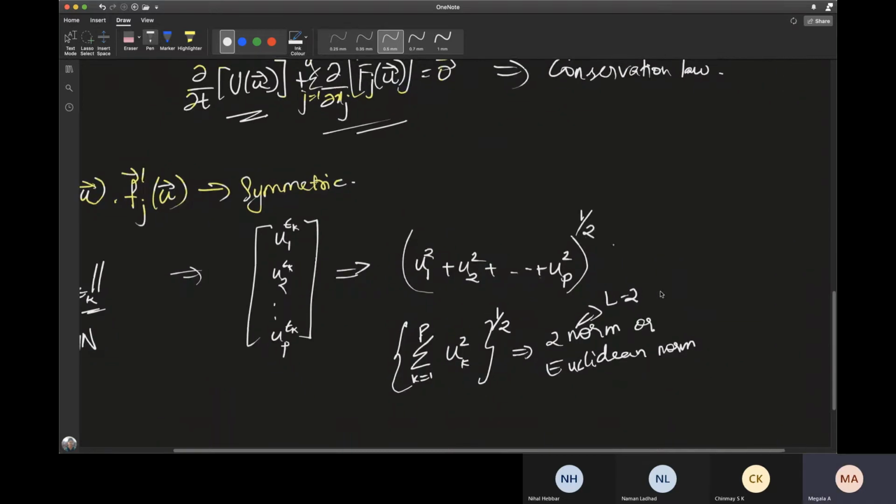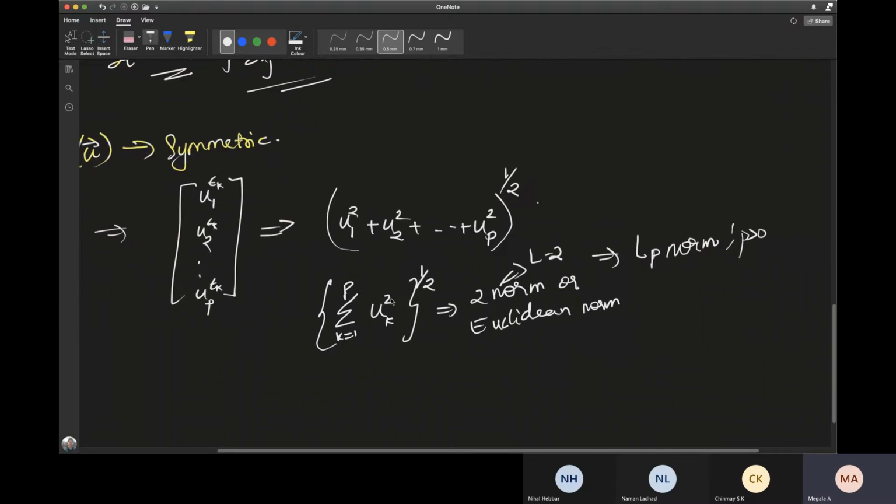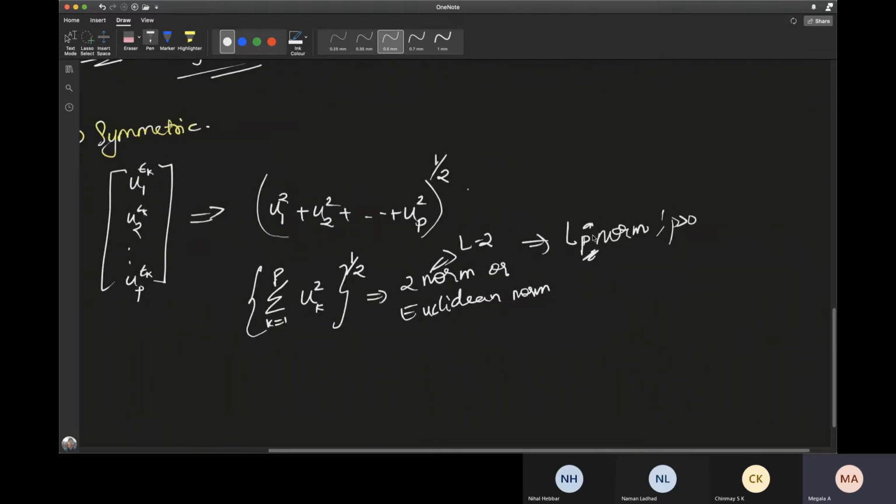We have Lp norms as well, where p is anything greater than 0. Instead of 2 over here, since I've used p for something else and that may be confusing, let's just change this to q. The Lq norm.